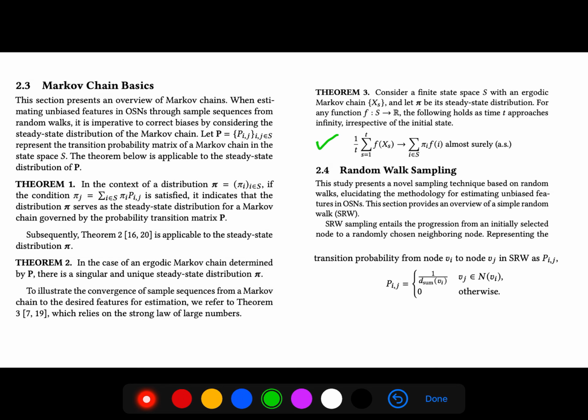So this study presents a novel sampling technique based on random walks. Simple random walk sampling entails the progression from an initially selected node to a randomly chosen neighboring node, representing the transition probability from node v sub i to node v sub j.